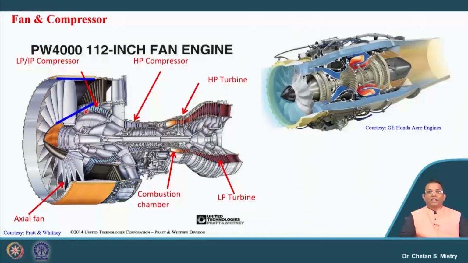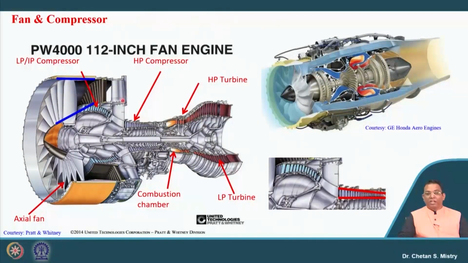Suppose I assume my velocity to be constant, what will happen? Because my pressure is higher at the exit, my area is smaller. So, you can say here I have a converging passage.